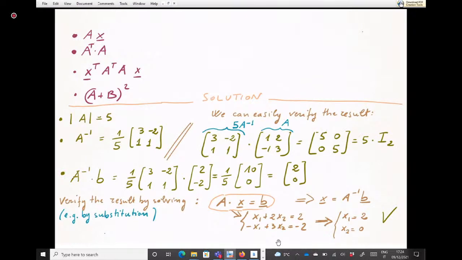Write down the system, solve the system manually with elementary methods, and you get the solution. So our computation is okay.